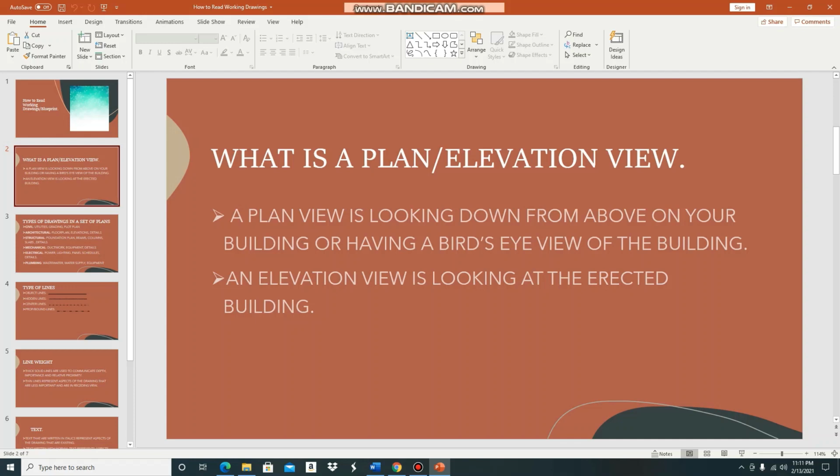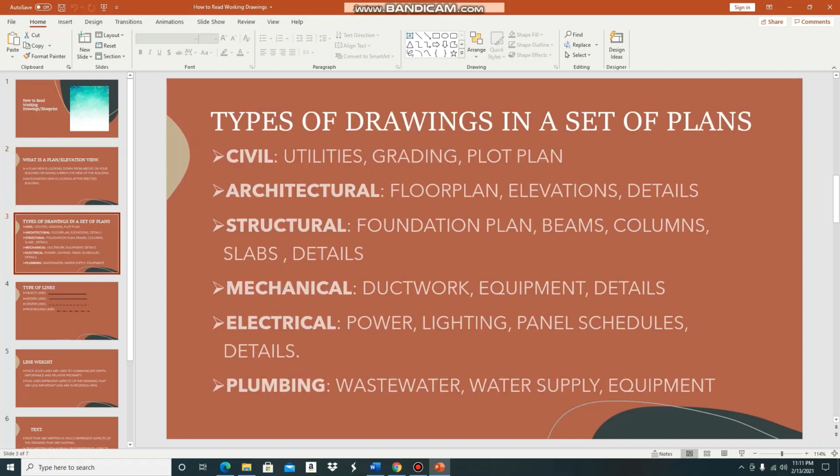Now, there are different types of drawing in a set of plans. There's civil drawings, where you're talking about your utilities, your grading, your plot plan. In the case of a residential building, you could consider your site plan as a part of your civil drawings. Then there's the architectural drawings, which deals with the floor plan, elevations, and details.